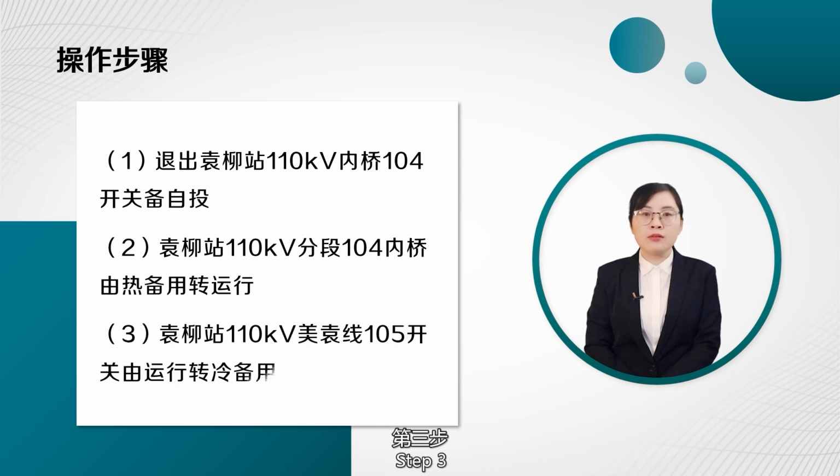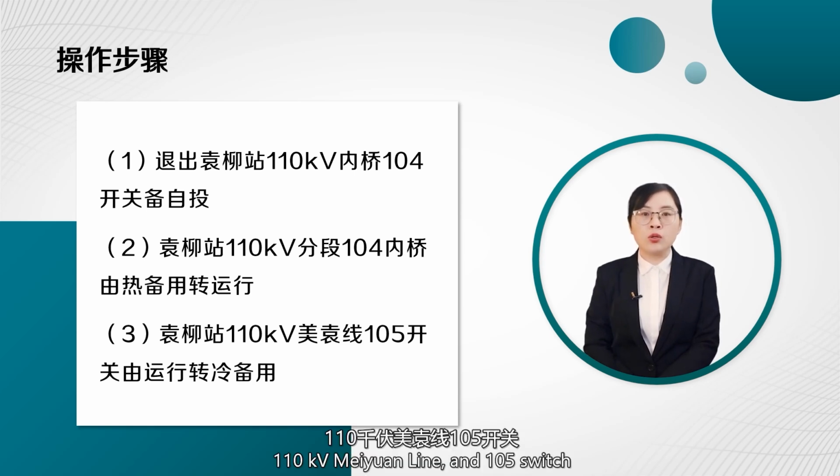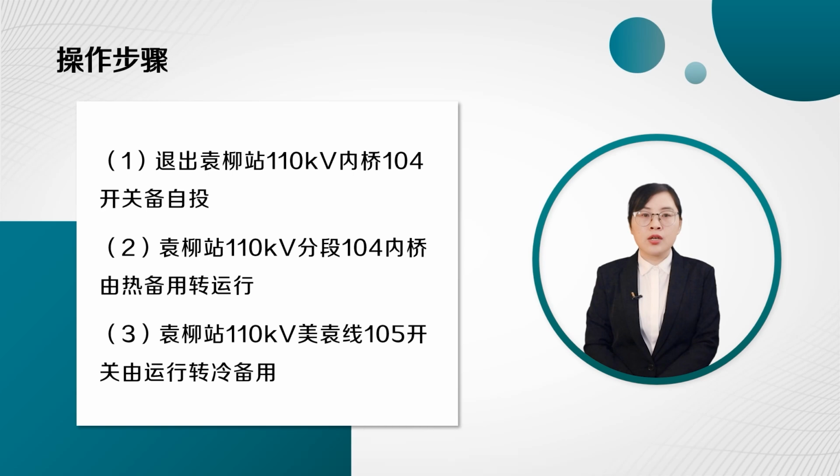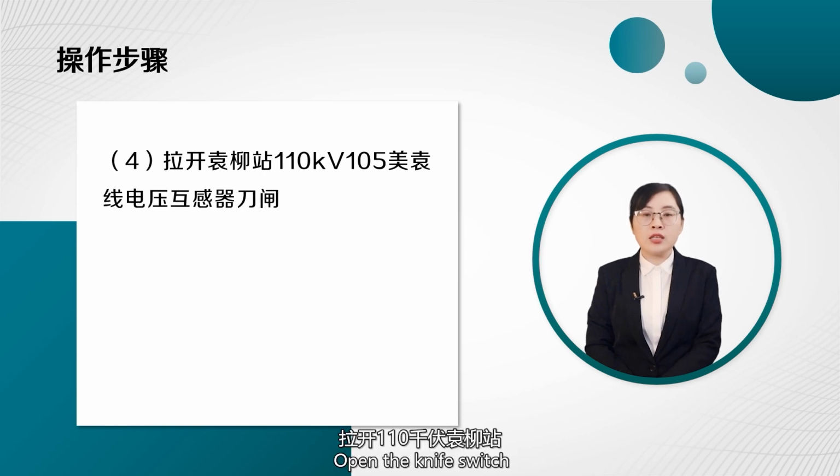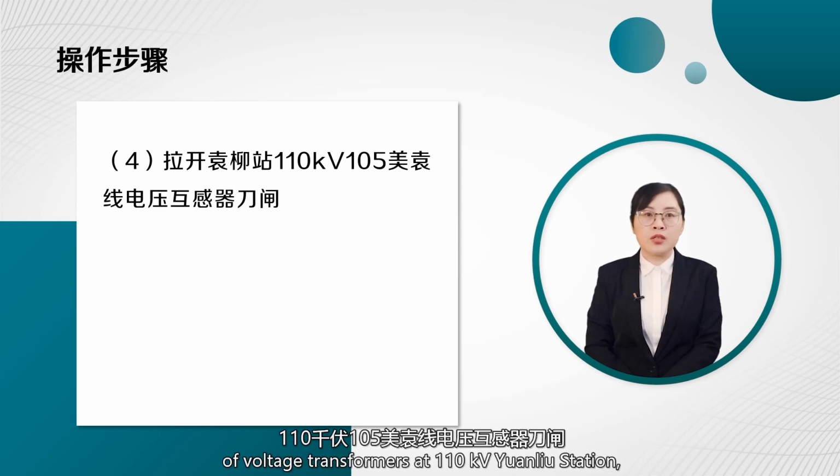Step 3. Switch the 110 kV 源流 station 110 kV 106 million line 105 switch from operation to cold standby.